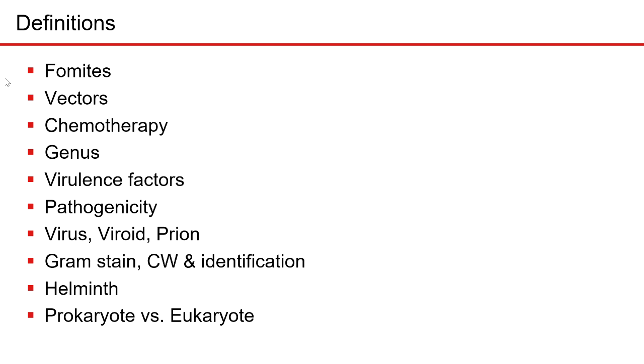Again, pathogenicity relates to how nasty that organism is, and that partly ties in with how many virulence factors you have. So for instance, we have two bugs here.